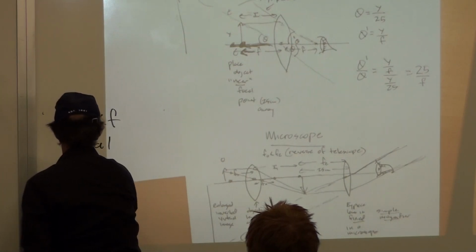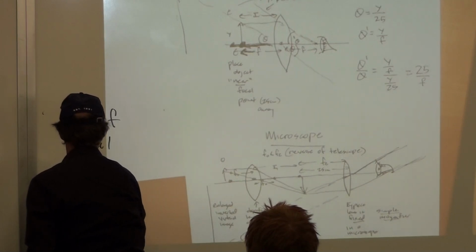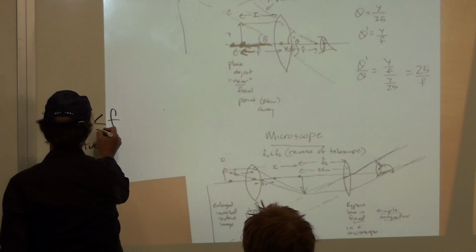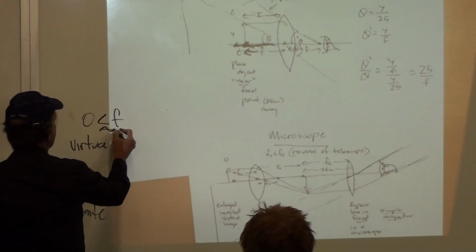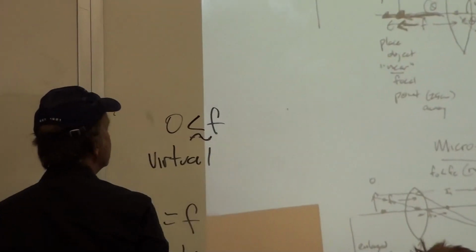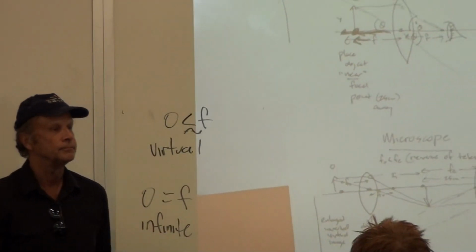But if O is equal to f, we get infinite magnification. So we want it to be less than, but approximately equal to f. So we want it to be close to f, but not quite there.